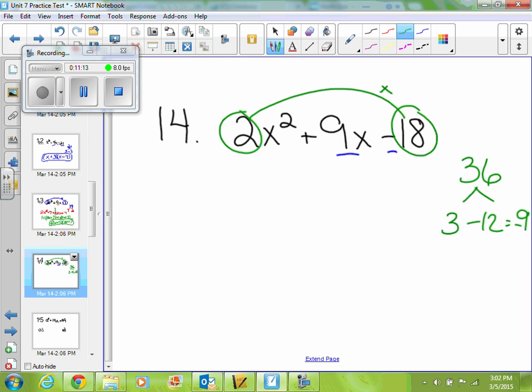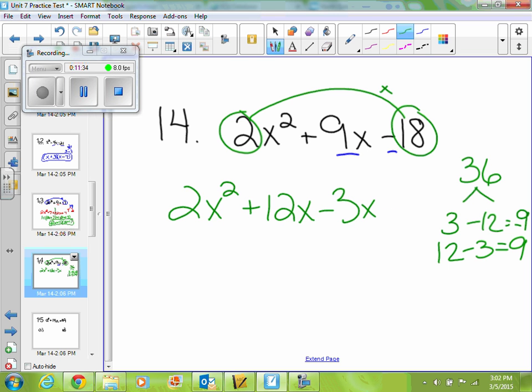But I want to pop that 9, so I just switch them. Okay, so 12 minus 3 gives me 9. So 2x squared plus 12x minus 3x minus 18.